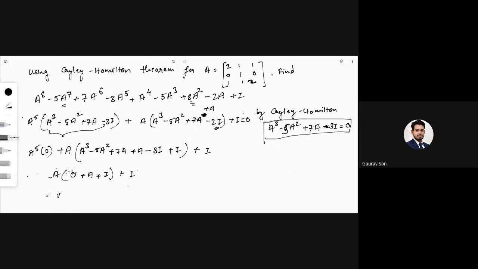So now this will be A squared plus A plus I. Now this is the simplified equation, and if I want to find out the matrix I can put in A and simplify it.